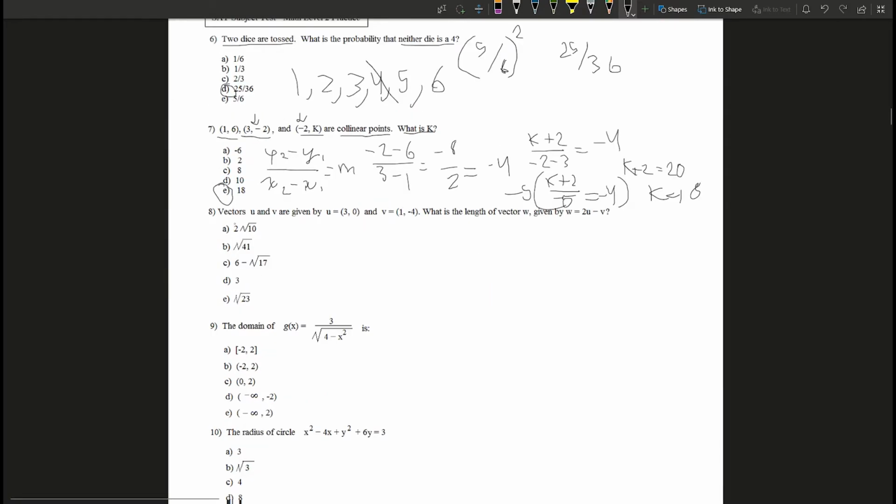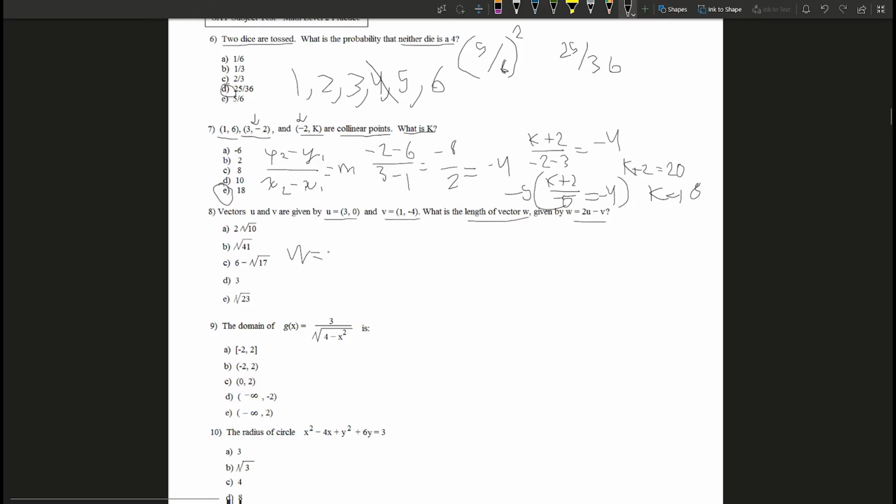So this question asks vectors u and v are given by u equals 3, 0, and v equals 1, negative 4. What is the length of vector w given by w equals 2u minus v? So this is a very simple problem. You just want to plug in the right numbers.